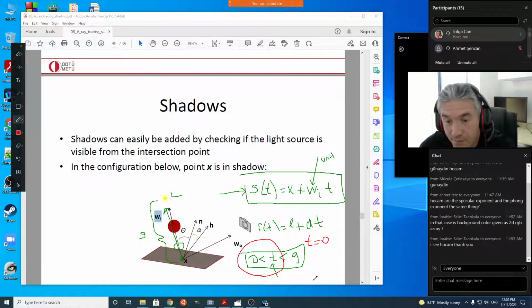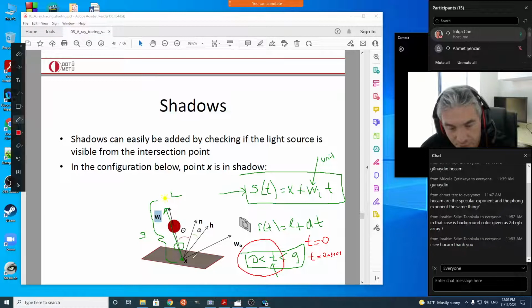In a perfect world, t is going to be exactly 0, but because of floating point imprecision, we will sometimes have t a very small positive number, like 0.001, for example, okay? And it will intersect at this point. So this inequality may actually be satisfied for the object itself.